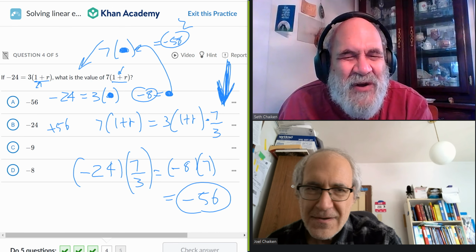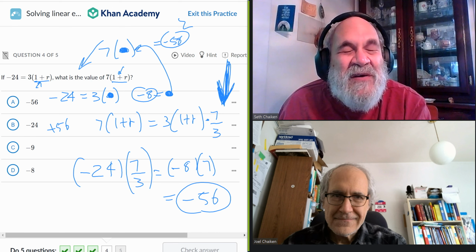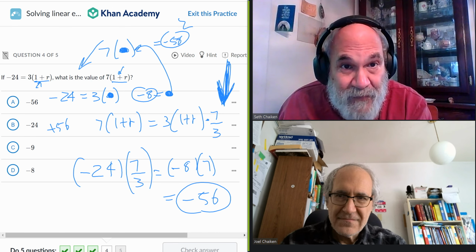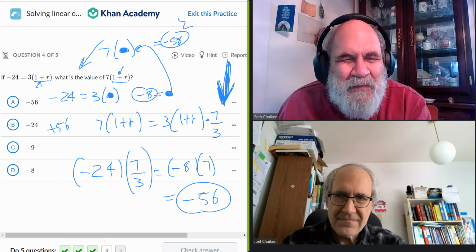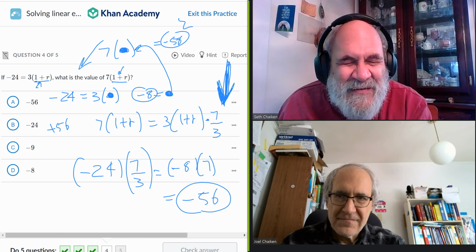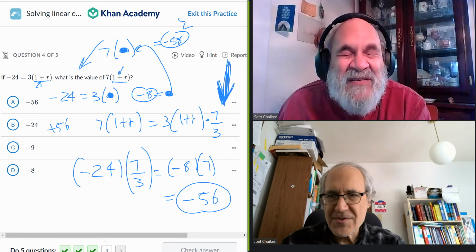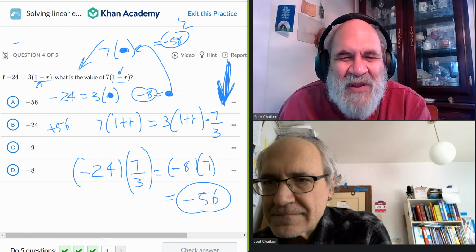Another approach, another idea here, but to simplify the arithmetic. It's so tempting to divide both sides of the given equation by 3, to get rid of that big 24. That gets you minus 8 equals 1 plus r.